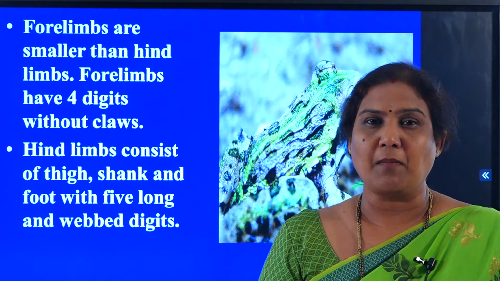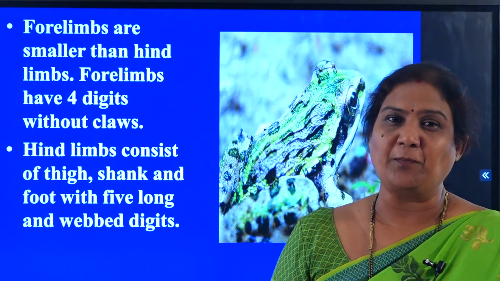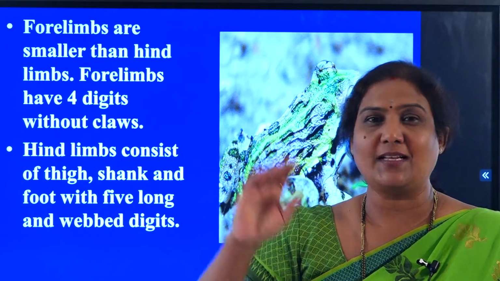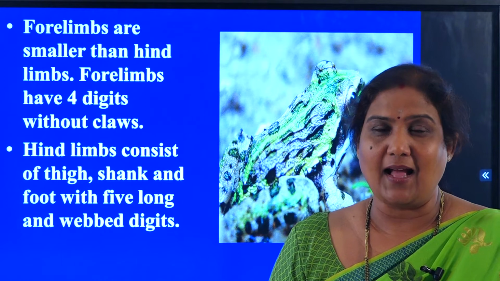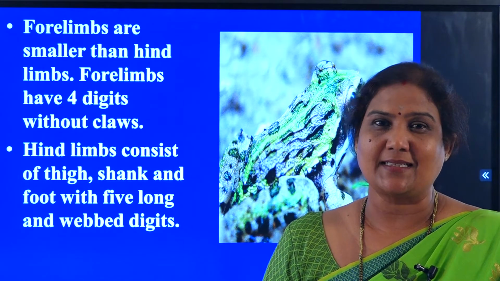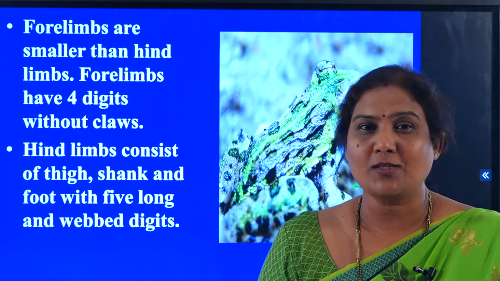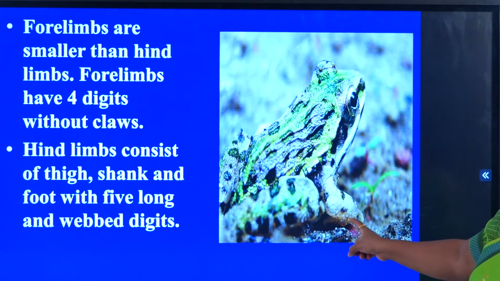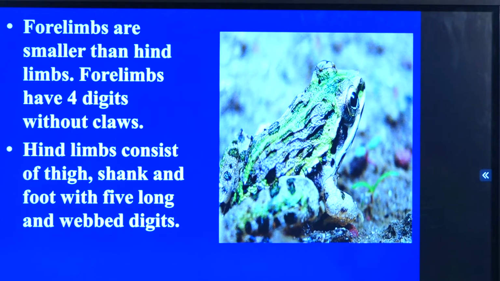Because of this, humans out of greed for money were cutting the legs of the frog and exporting them abroad. Therefore the government has banned dissection in the laboratory. We are not supposed to harm any of the creature. That's why everything is put over the digital board and you are visualizing it.